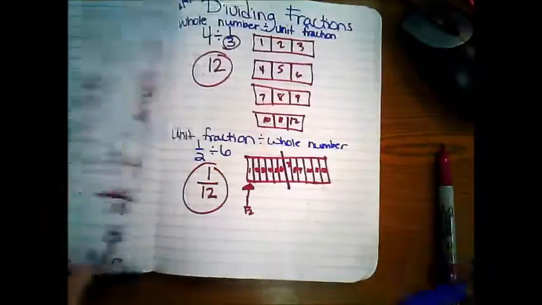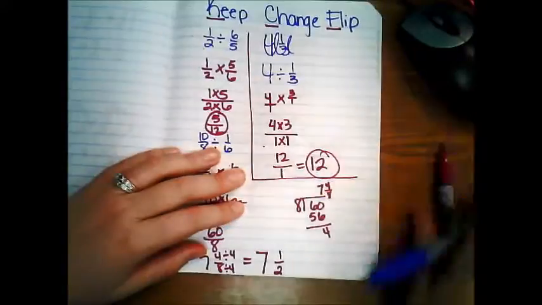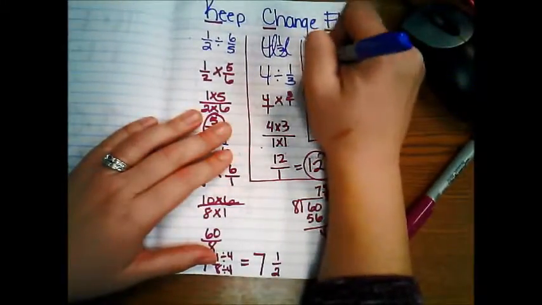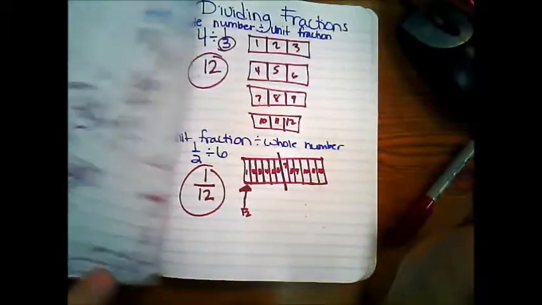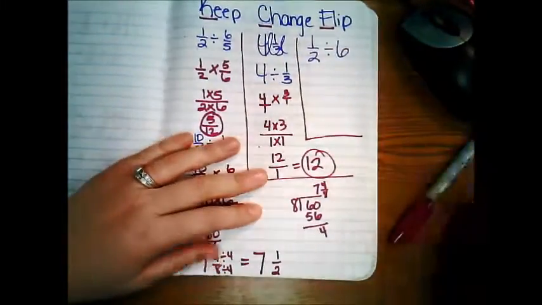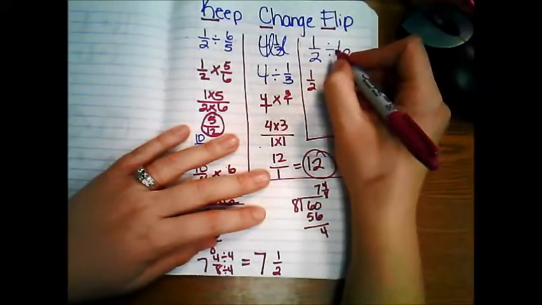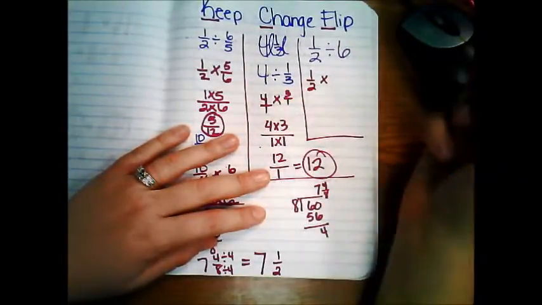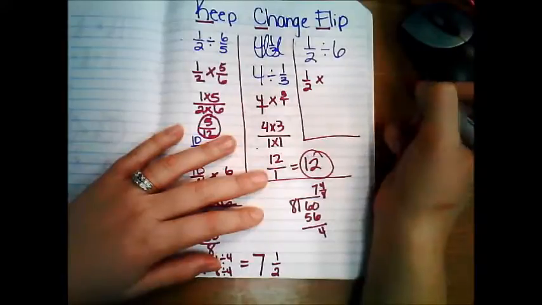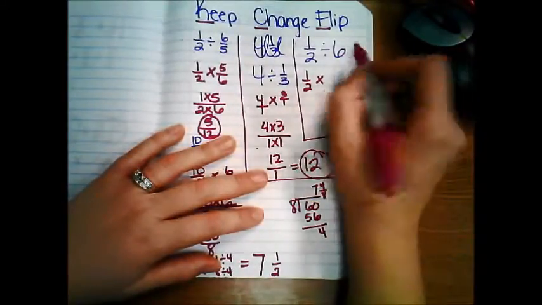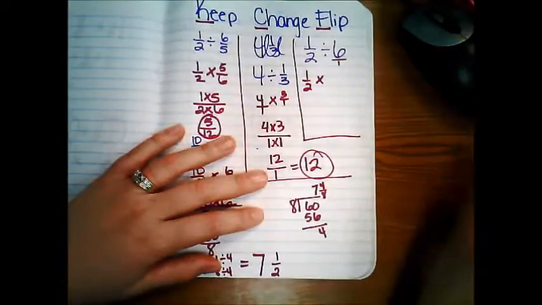So let's look at that other one we had going on, which was 1/2 divided by 6. Right? Keeping our first number, changing that division sign to multiplication, and we're going to flip this number. So right now it looks like we can't flip it because it's not a fraction, but how quick is it to make it a fraction?